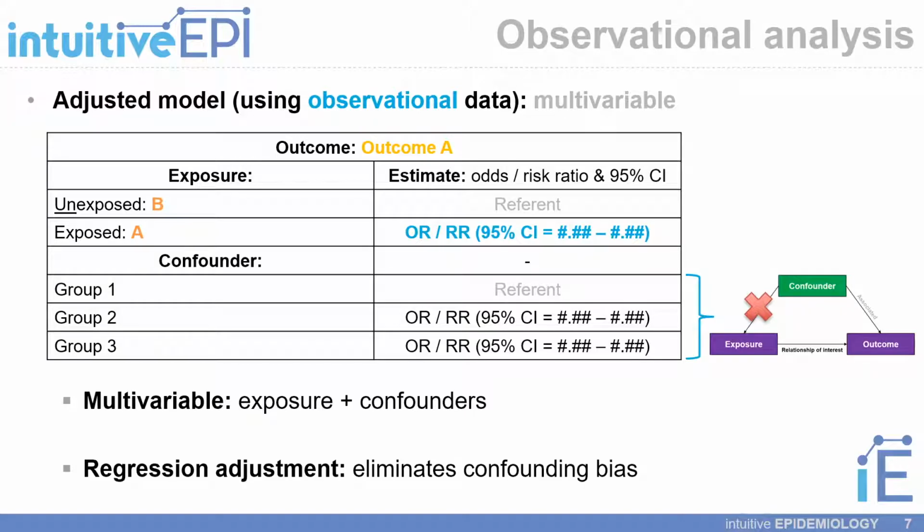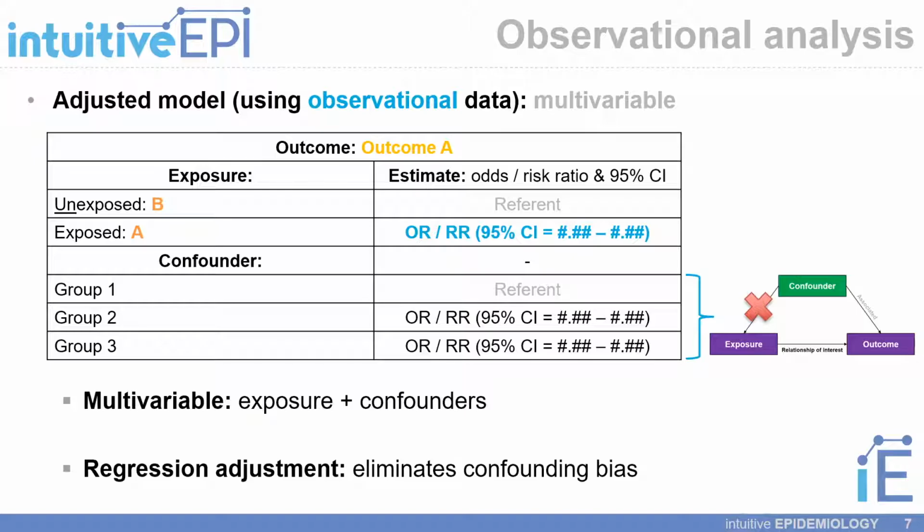As discussed in detail in past videos, observational analyses often involve multivariable models, also known as adjusted models, in which case we can use a statistical model to examine the relationship between our exposure of interest and a given outcome. And we can estimate our measure of effects from this model. For example, a measure of effect could be an odds ratio or a risk ratio.